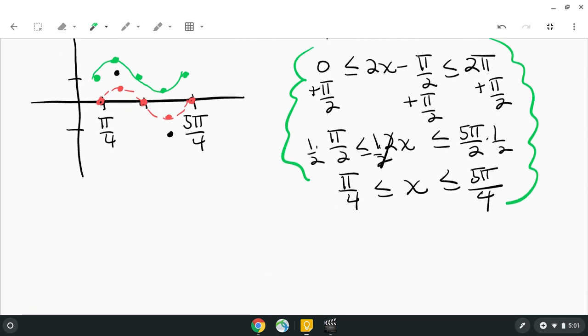All right, let's go ahead and take a look at the cosine graph. It basically works the same way. So what we need to do is take a look and see what the basic cosine graph looks like.